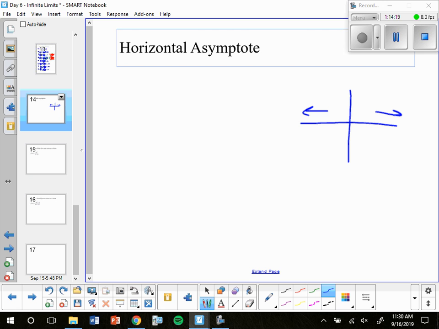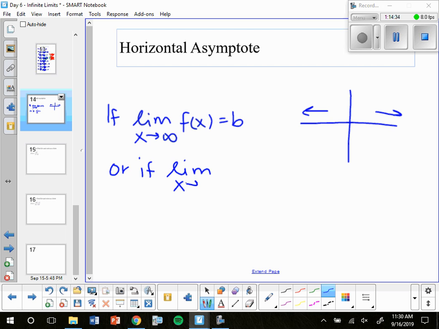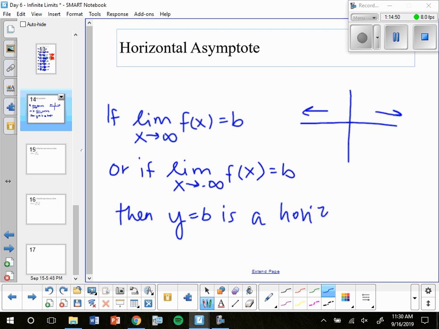The definition of a horizontal asymptote says if the limit as x goes to infinity of f of x equals b, or if the limit as x goes to negative infinity equals b, then we say y equals b is a horizontal asymptote.